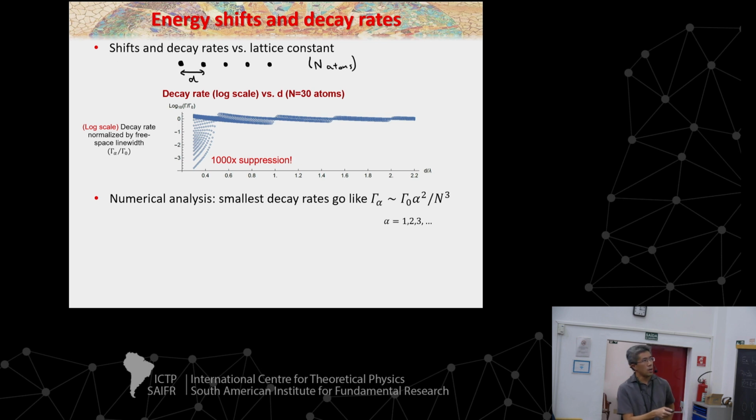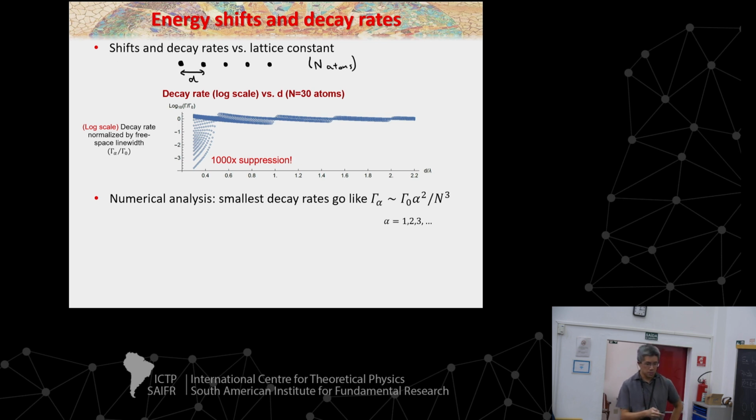What you find numerically is that the decay rates of these states scale like this index alpha squared. And maybe more importantly, as you increase the length of the chain, the number of atoms, this decay rate drops like n cubed. You make a longer and longer chain, and this excitation somehow finds a better and better way to avoid being emitted into a 4 pi photon.